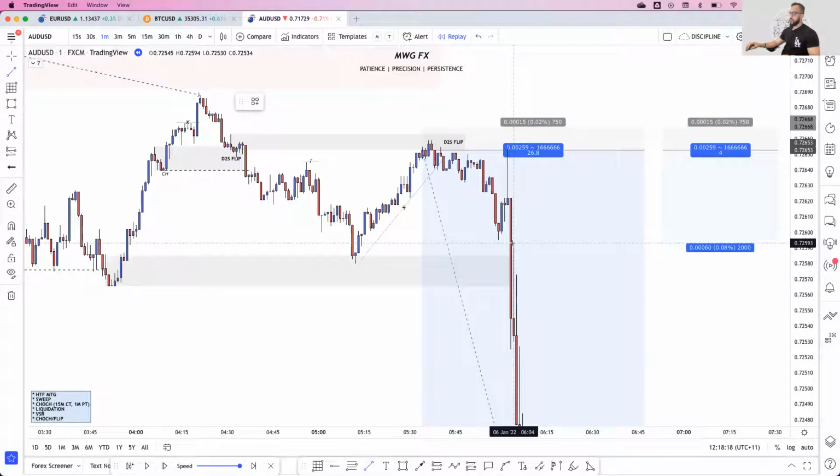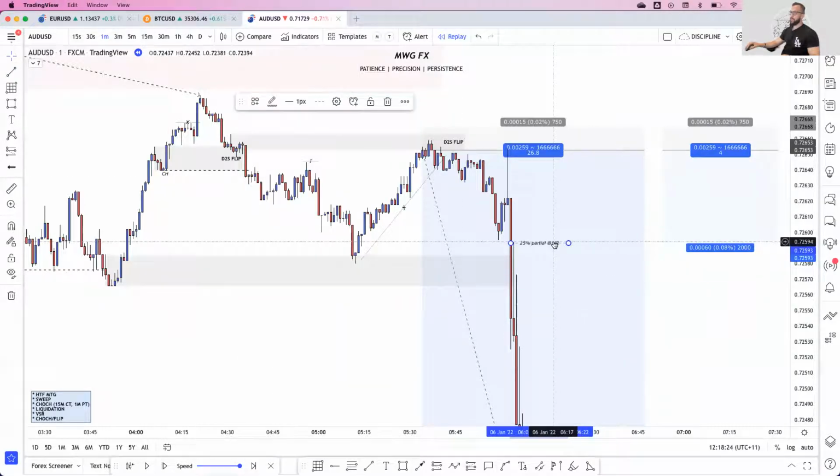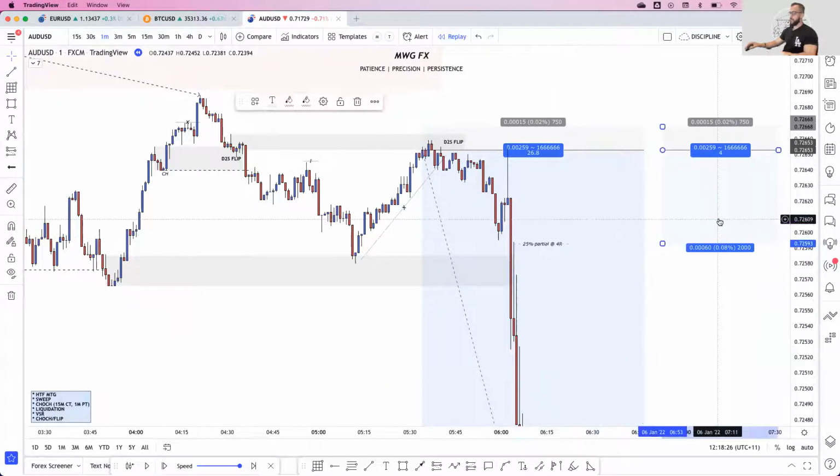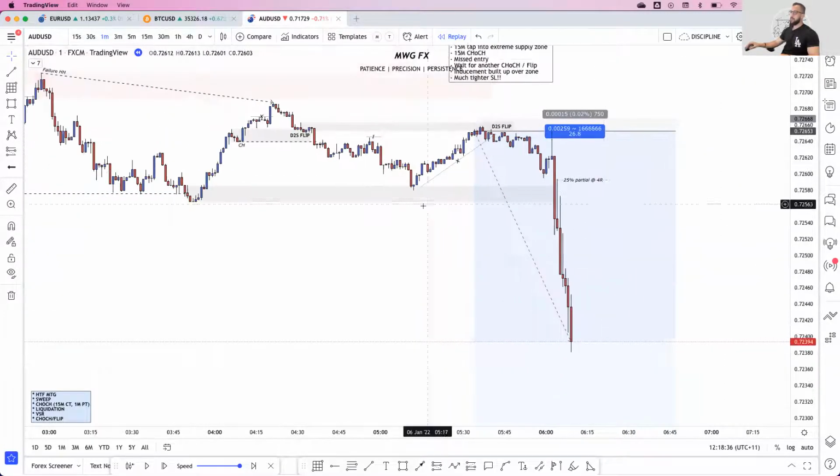See, we achieved that quite quickly. There's 25% partial at 4R. Get rid of this. I would not move this to break even. We've already covered our risk using the partial. And then we let this run.